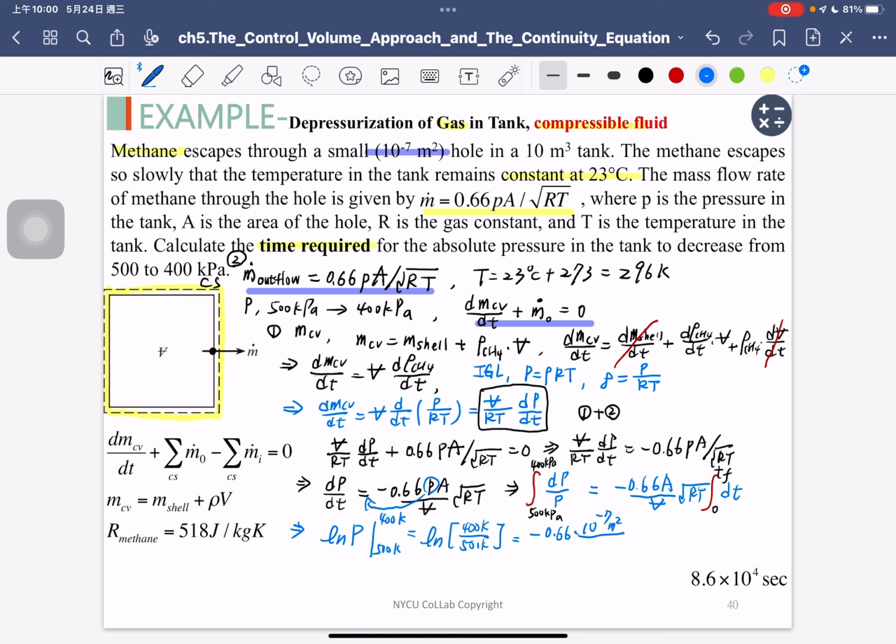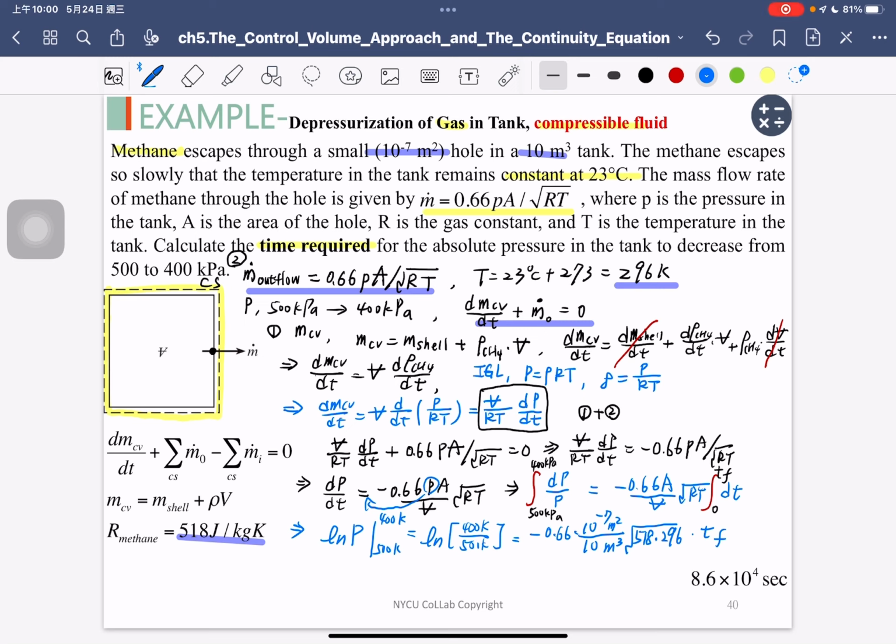And how large is the volume? We have the volume is 10 cubic meters, and the root here, the gas constant value, we have the number in here is 518, and the temperature we have written down in here is 296, and finally it is equal to t_f.